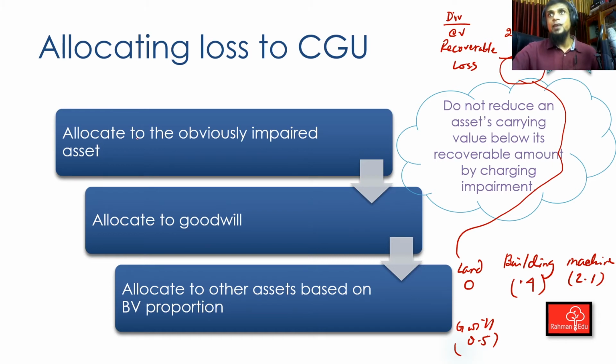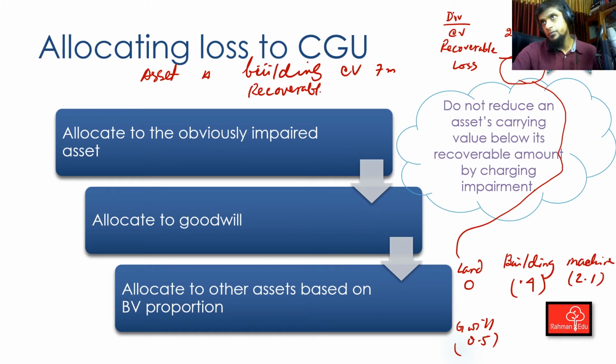Let me put another asset. A building. Carrying value $7 million. Recoverable amount is $6.8 million.